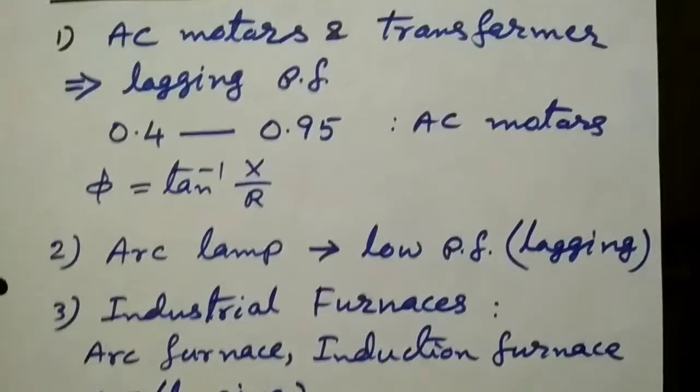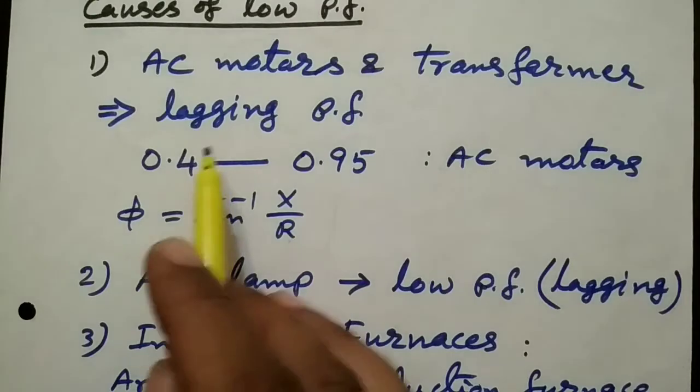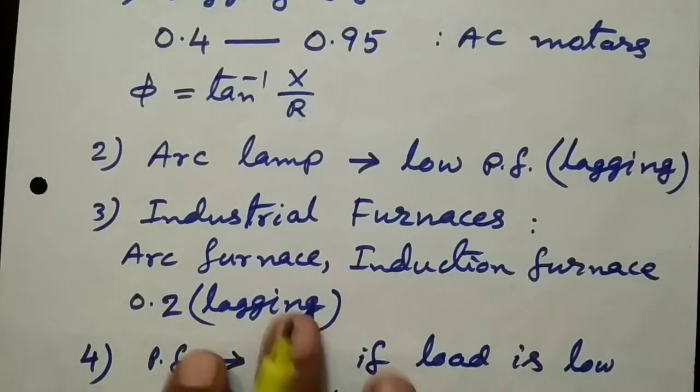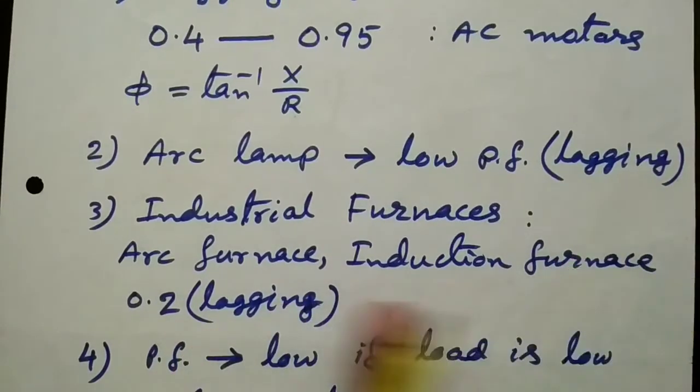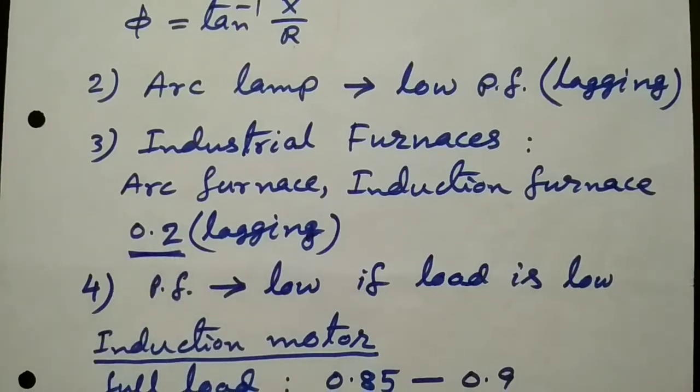So if we see further, the AC motors and transformers run at a lagging power factor. It makes the overall power factor of the system poor. Arc lamp operates at a low power factor. Industrial furnaces, that is arc furnace and induction furnace, operate at a very low power factor, for example 0.2.